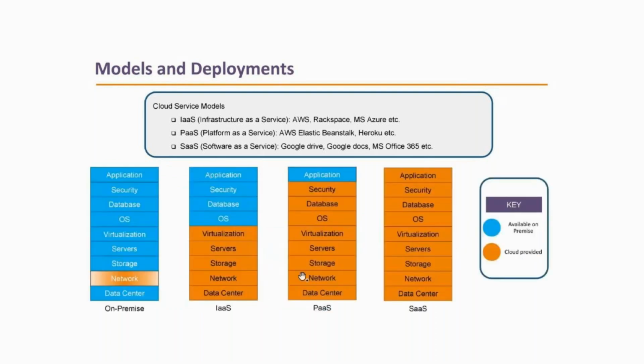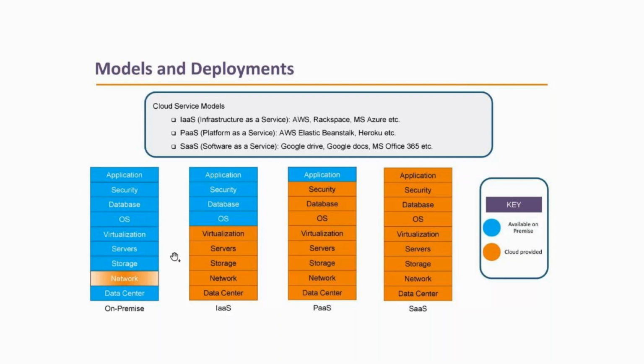If you look at this picture, on premise, we have already seen on-prem data centers: everything from scratch, we have to manage each and everything. So from the beginning, the entire data center is managed and operated by our end only.